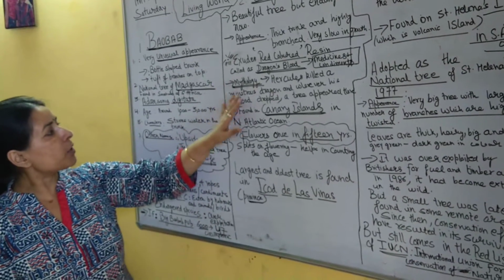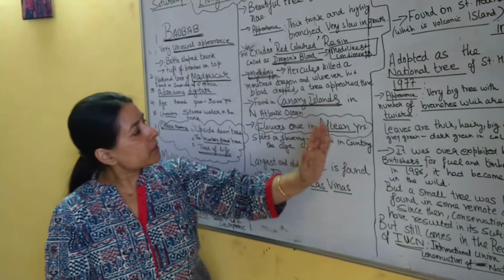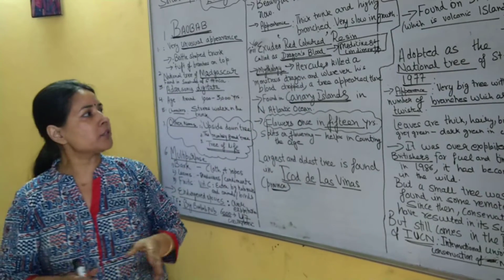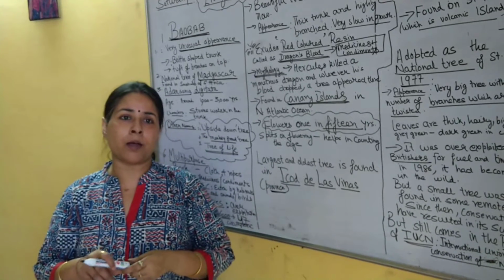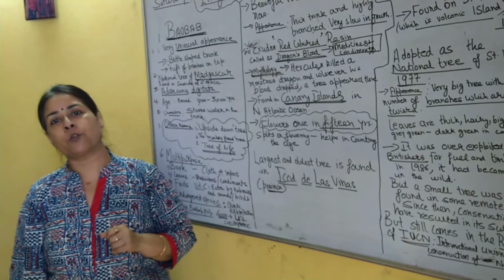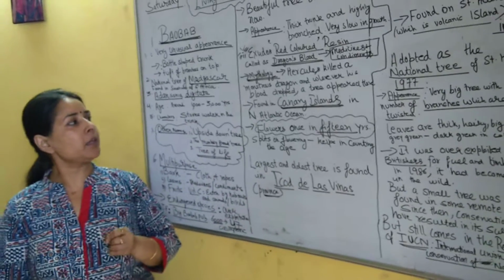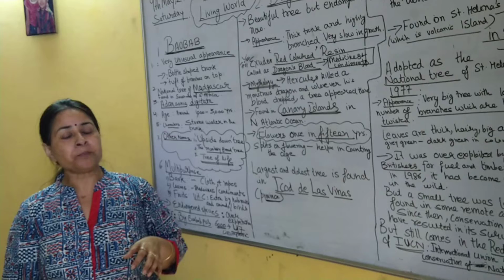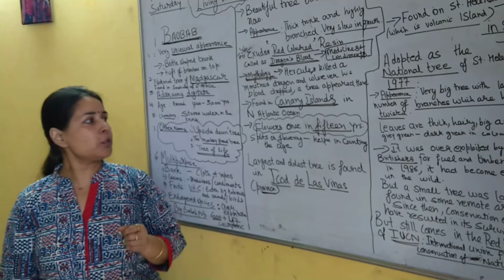Now there is a mythology related to this tree. According to mythology, the Greeks believed that Hercules, a Greek hero, killed a monstrous dragon, and wherever the dragon's blood drops fell, the tree appeared from those drops.